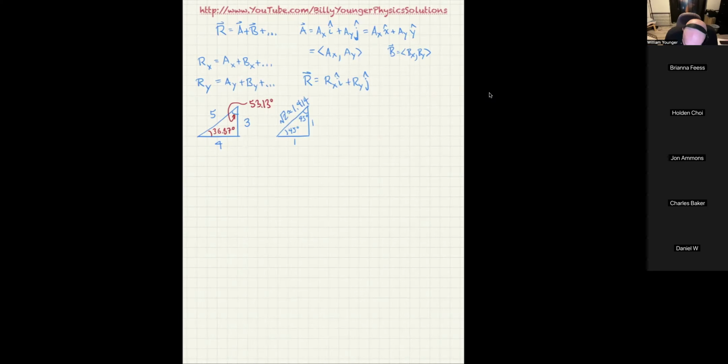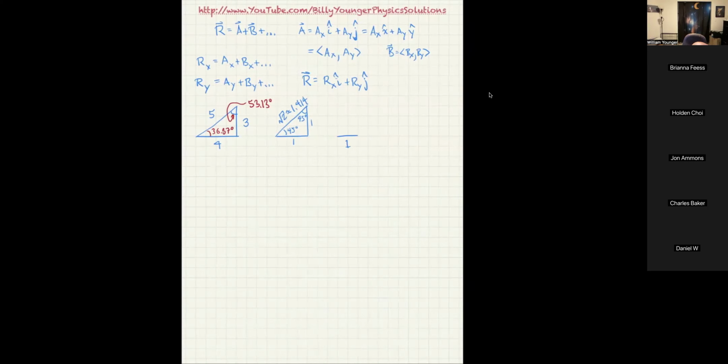Now, there's another triangle that we could do, and I'm going to write it like this. So this side will be side 1, and this side will be a side whose length is the square root of 3, and that is approximately equal to 1.732.